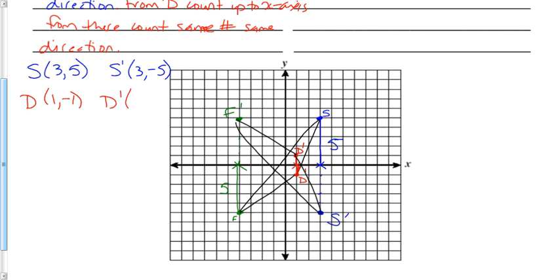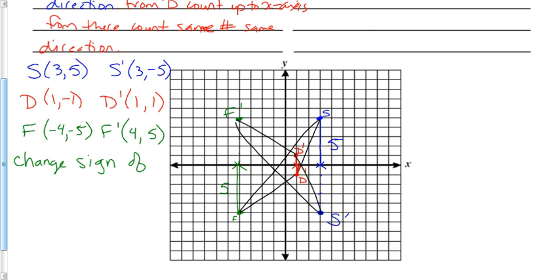D prime is at (1, 1). Again, the sign of the y value changed. When I look at F, F started at (-4, -5). F prime is at (-4, 5). So all I did was change the sign of the y value.